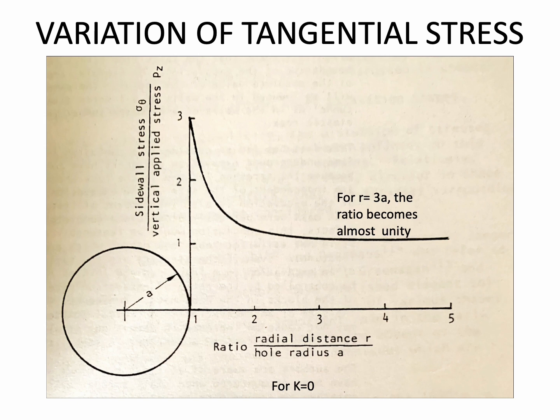When the ratio of radial distance r to the hole radius a increases, the tangential stress starts decreasing and it becomes almost a unity when the radial distance r is of the order of 3 times the radius of the hole or the tunnel.